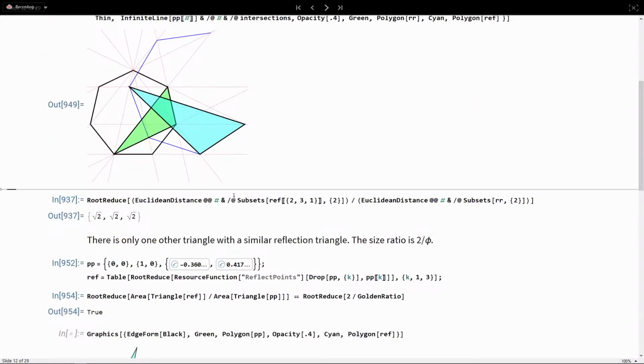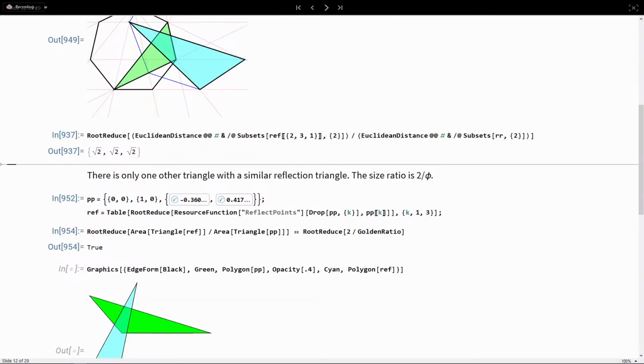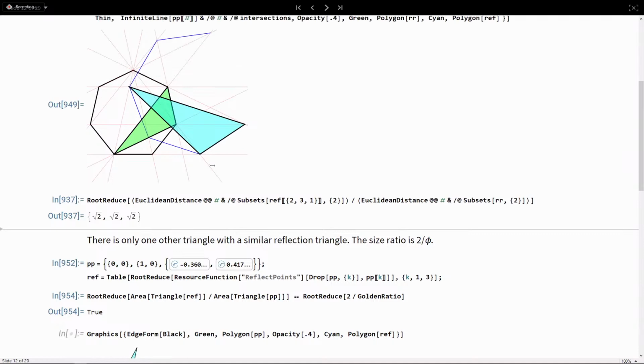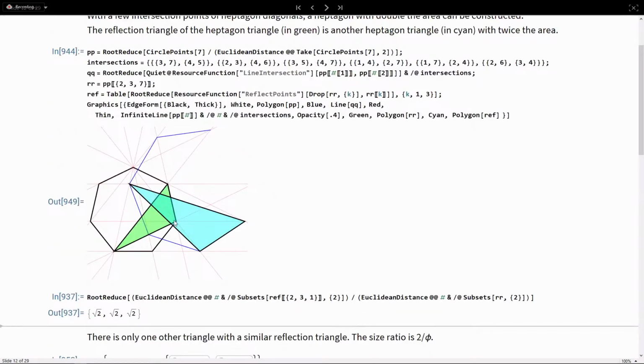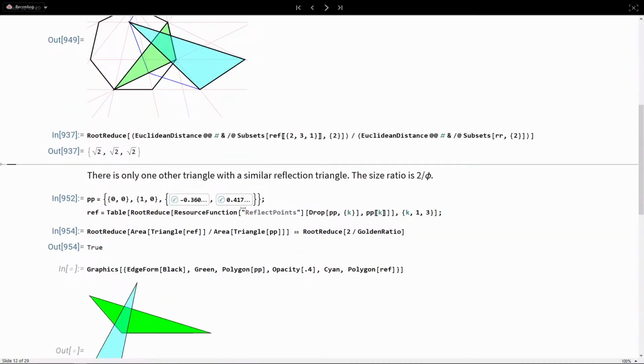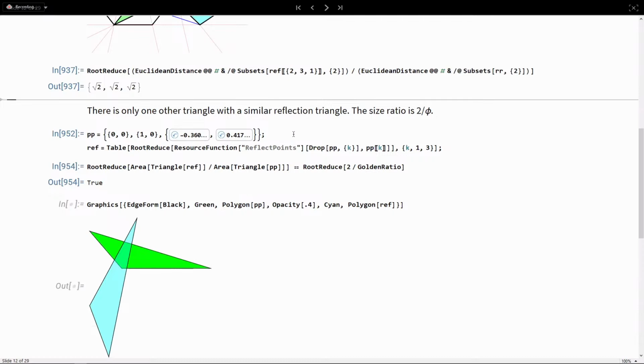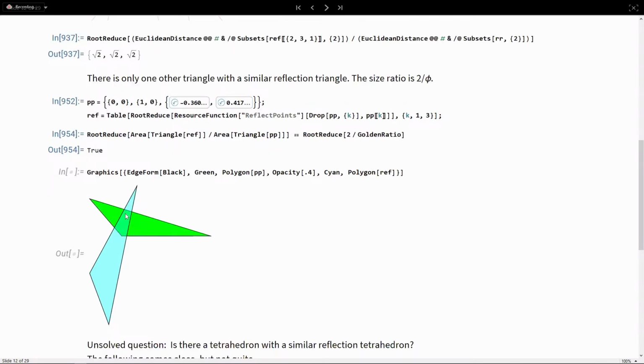And it turns out that this is one of only 2 triangles that have this property, where the process of reflecting all the vertices on the opposite edge gives what's called the reflection triangle. And there's only one other triangle that has a similar reflection triangle. That's this right here. And these have a size ratio of 2 over the golden ratio.